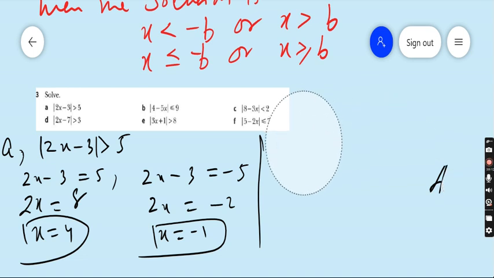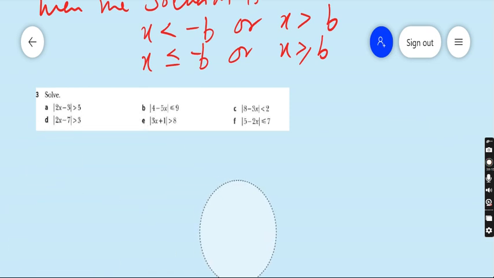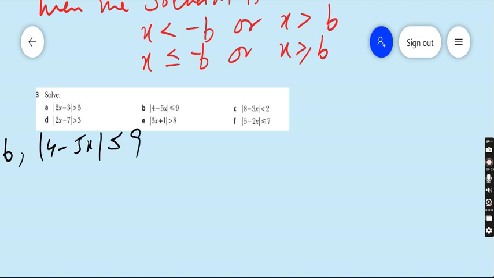Second part. Part B: absolute value of 4 minus 5x less than or equal to 9. So 4 minus 5x is equal to 9 and 4 minus 5x is equal to minus 9.